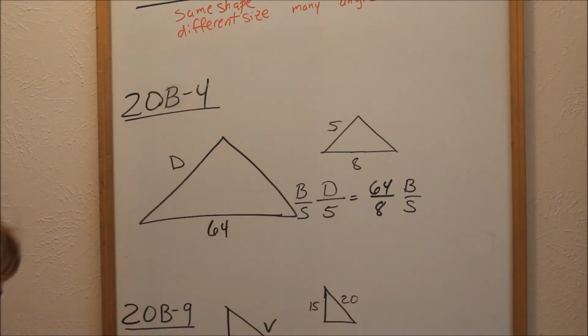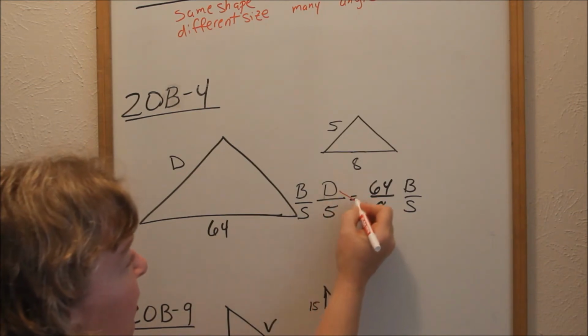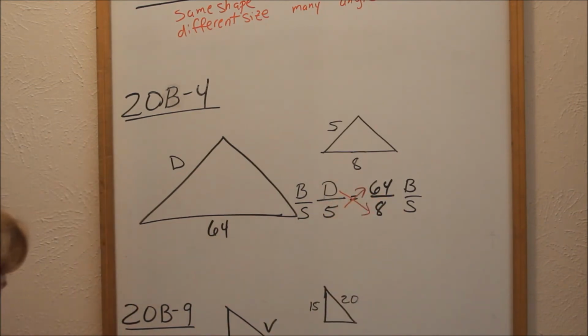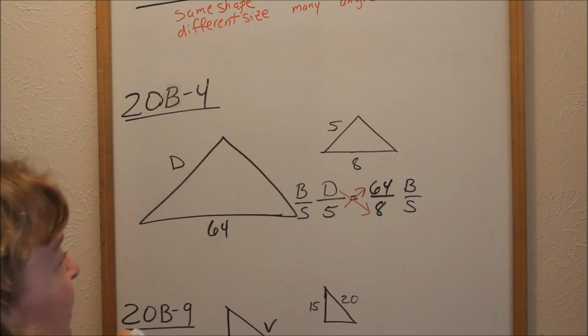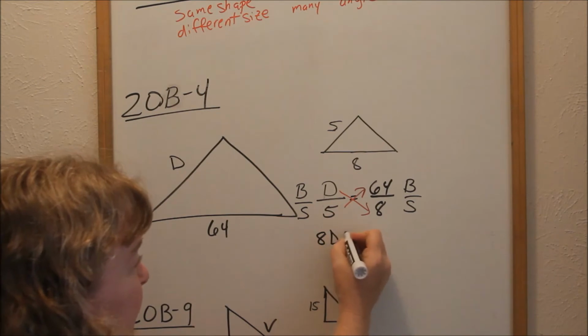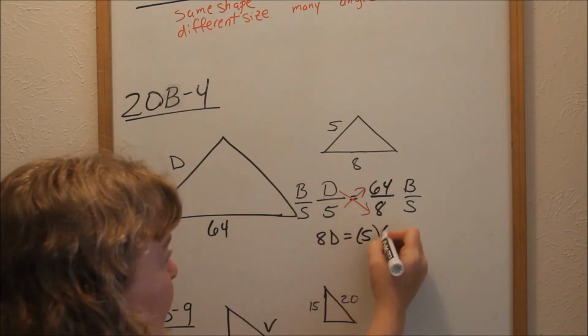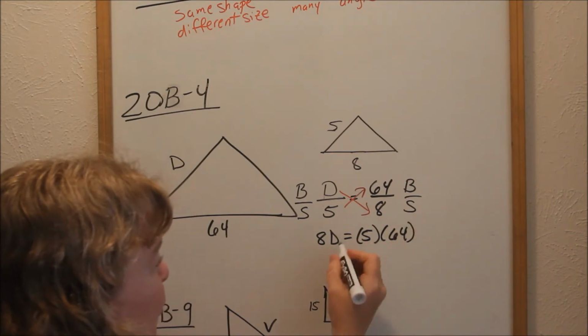Then from here, you have a fraction set equal to a fraction, so from last lesson, cross multiply. So in order to solve, it's D times 8 or 8 times D, 8D, set equal to 5 times 64. Then remember, you can use your calculators.